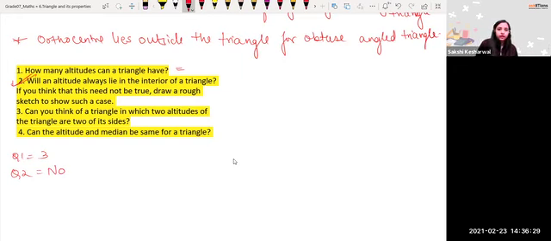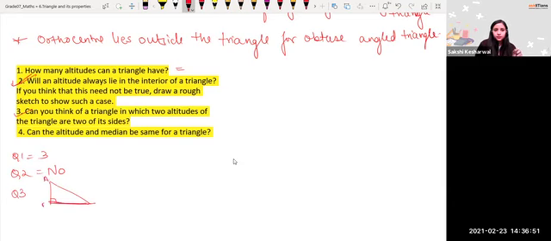Can you think of a triangle in which two altitudes of the triangle are two of its sides? Just now you saw that in a right angle triangle, there is a 90 degree angle at this vertex.